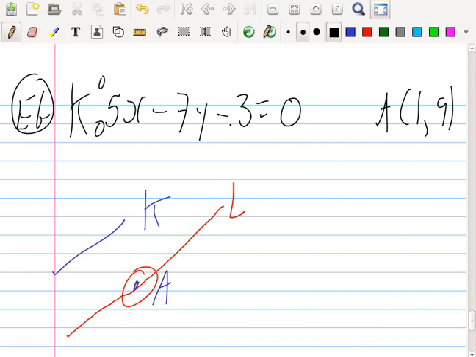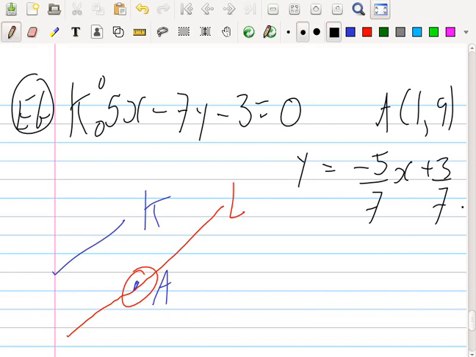So I can rewrite this as... Yeah, we'll see what it is. My point is, it's going to be difficult to try and read it just from this. You have to rewrite it first, and you should rewrite it first. So I get y equals minus 5 over 7x plus 3 over 7. Now we can very clearly see what's the slope of k?